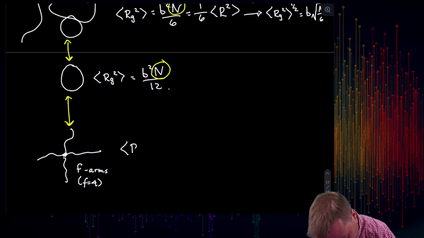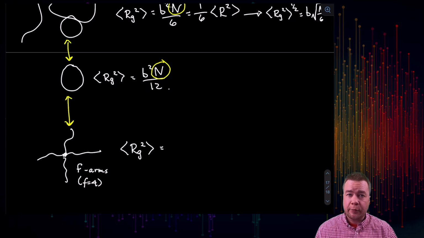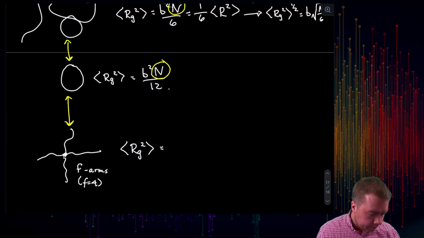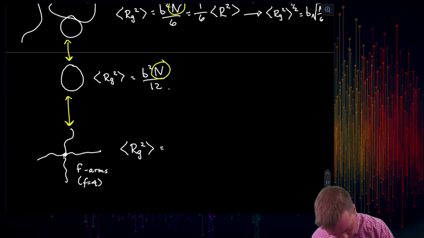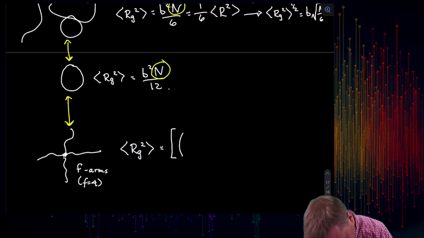Then you would find, if you went through a calculation of this, that Rg squared for the ideal star polymer would be n divided by F, b squared divided by 6.